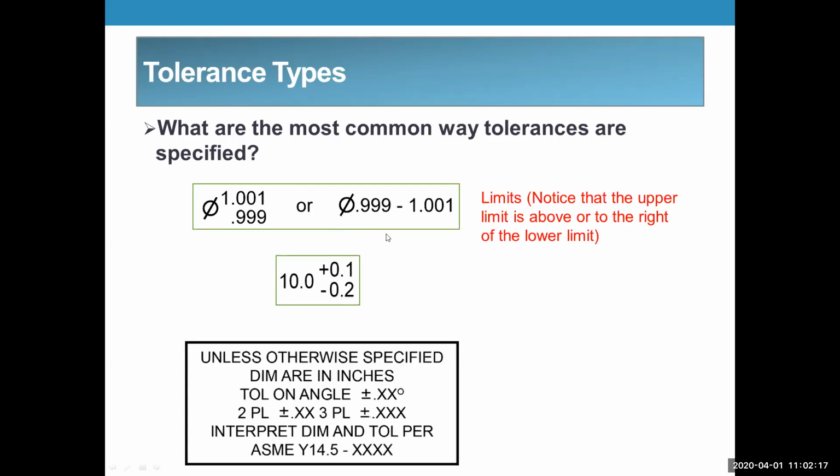So I like to say, if you're writing limits for holes, write them this way, because now you're saying this is what we're shooting for, and if we don't make it, we can hopefully fall within this end of the tolerance, and wind up with a part that's still good. And I kind of prefer limits to anything else because you can do that.